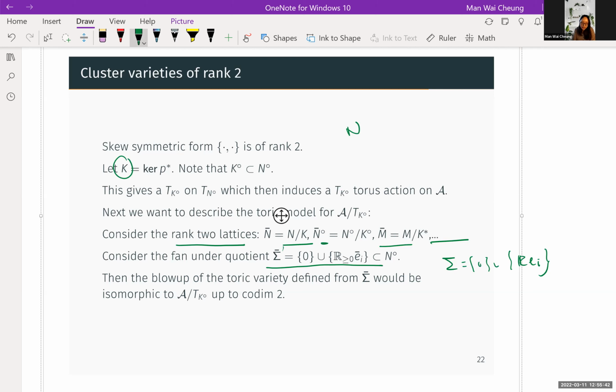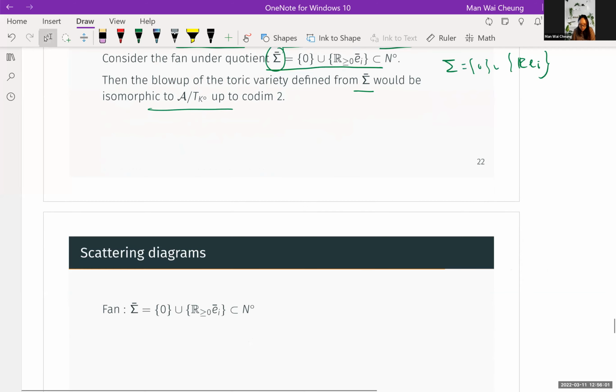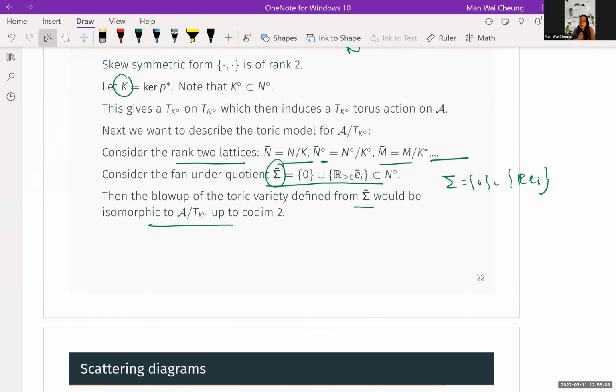And then we still obtain a fan, and we show that everything still follows. The blowup of the toric variety coming from this fan is isomorphic to this quotient of the A variety up to codimension 2. So here now we have a space, and then we want to repeat the GPS story. The GPS story is we have a bunch of primitive vectors. On one side, we have the scattering diagram, GPS.